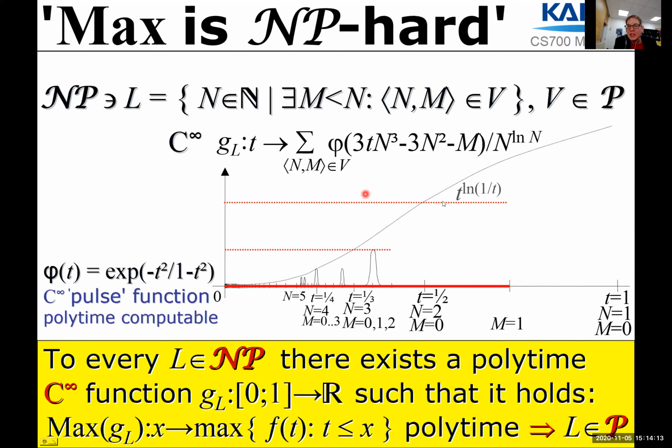But computing the maximum requires to look at all possible candidate pulses, at all possible candidate witnesses. So being able to compute the maximum in polynomial time allows to recover the question whether there exists a witness, and thus allows to decide this problem in polynomial time. And our scaling was very carefully constructed to make sure that the resulting function is still smooth, right?